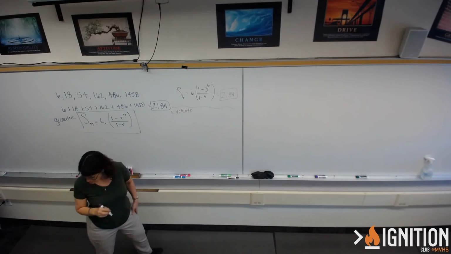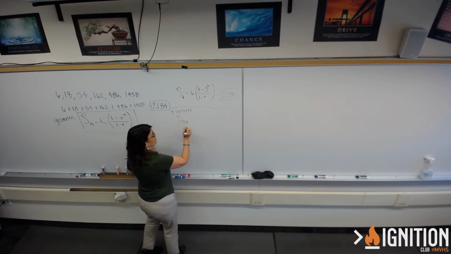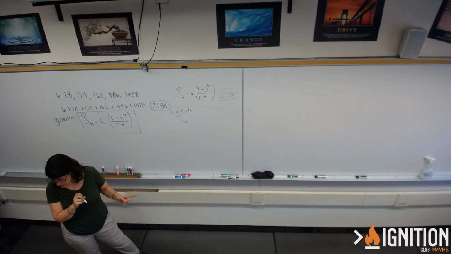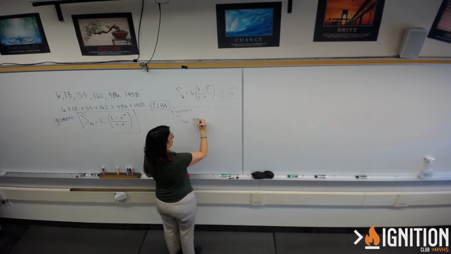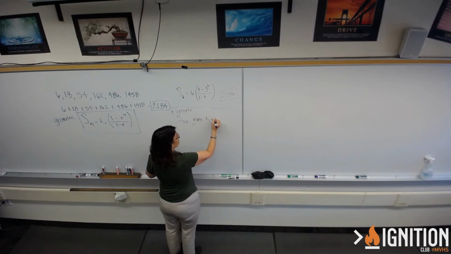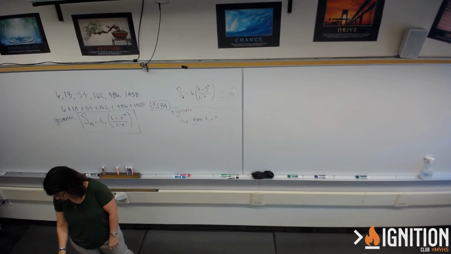So let's find the sum of the 34 terms. So n is 34, given t sub 1 is 7. This is a problem in the book. I shouldn't do this one. Oh well.